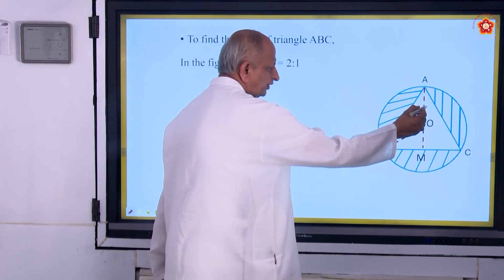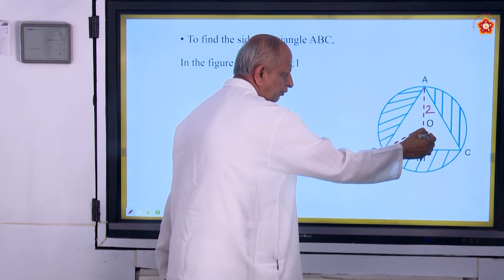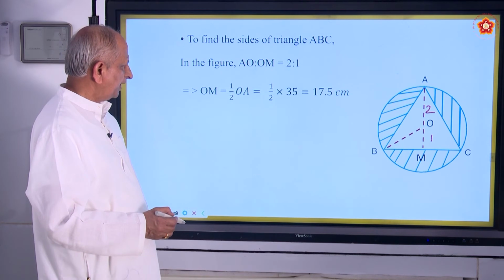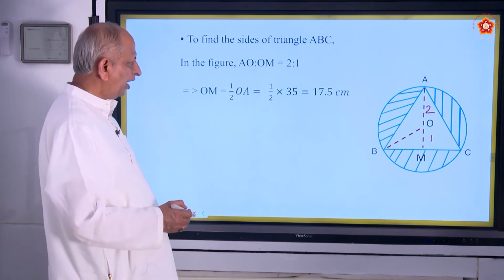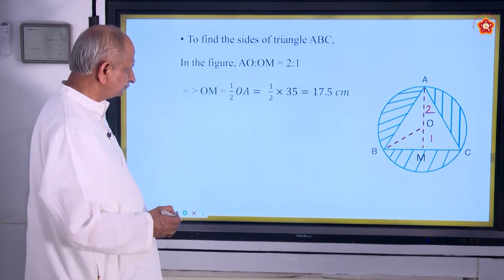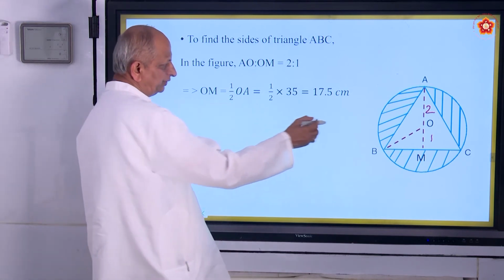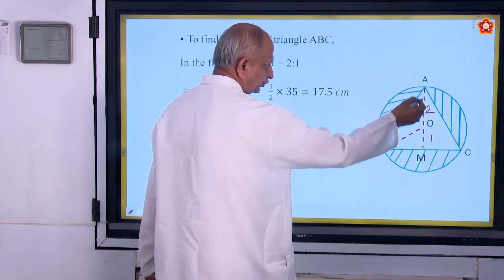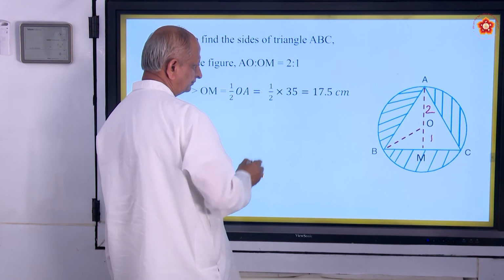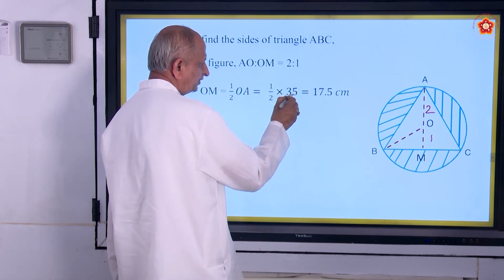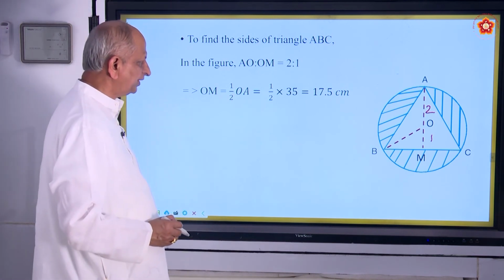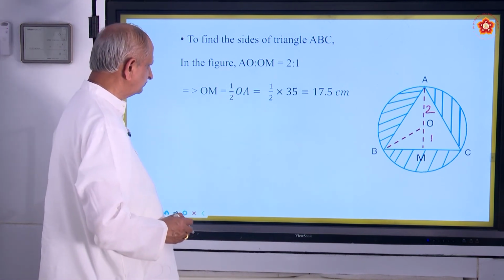The ratio of AO and OM will be 2 is to 1, and OM is equal to half of OA. So this is OM, and its total length is AM. Half of OA, that is half of 35, is 17.5. So OM becomes 17.5.